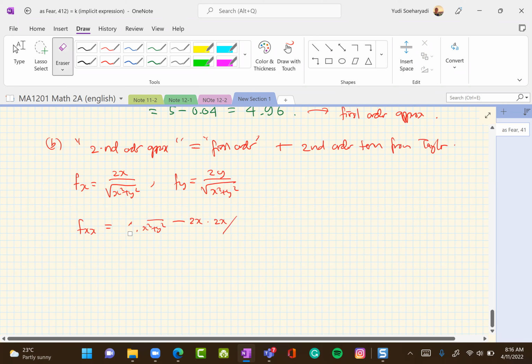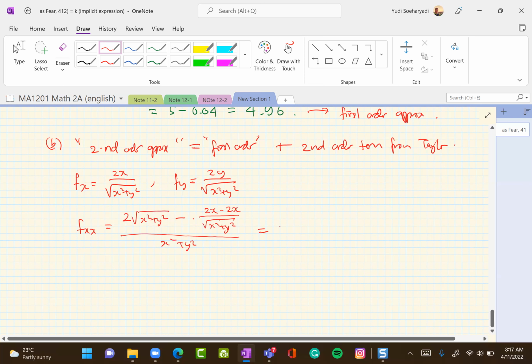I'm wrong. I am wrong. All right, derivative of 2x, this 2 times this one. Okay, subtract 2x times derivative of this. All right, so it becomes this times 2x, over the square of this. Right.